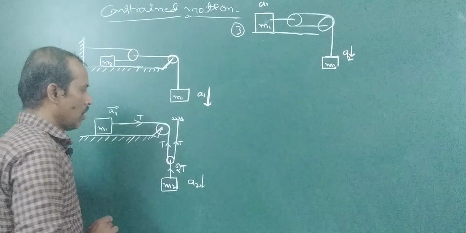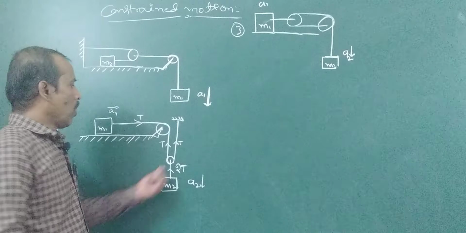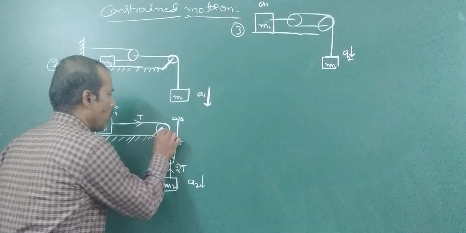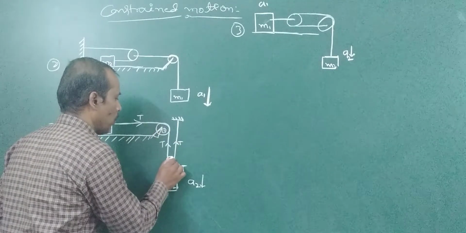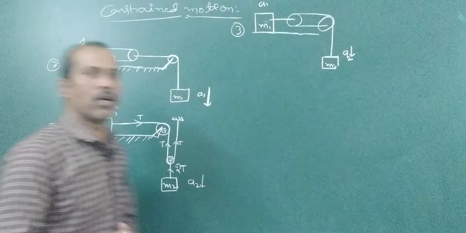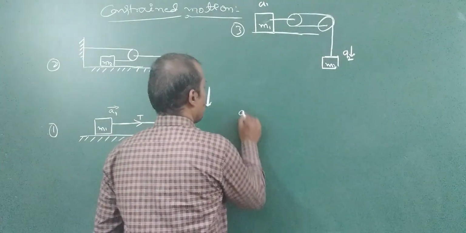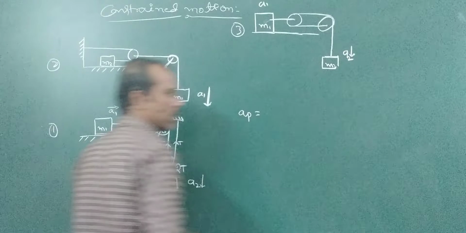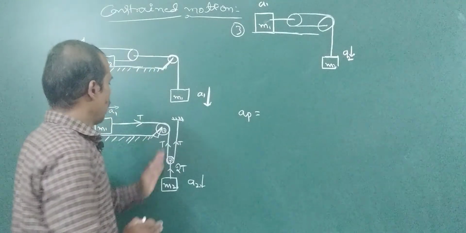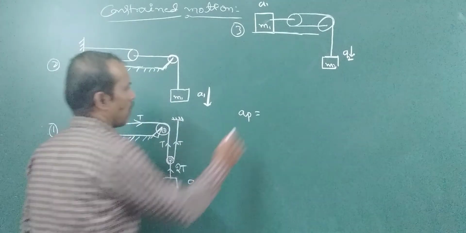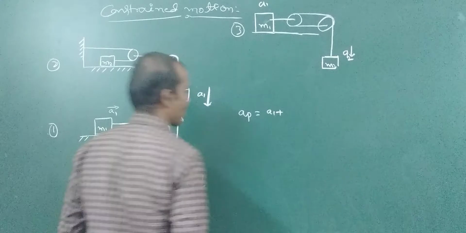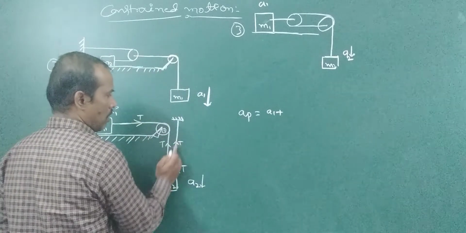Now the acceleration of the pulley. For example, this is pulley 1, this is pulley 2. The acceleration of pulley 2 is equal to the acceleration of block M1, A1, plus the acceleration of the other end.